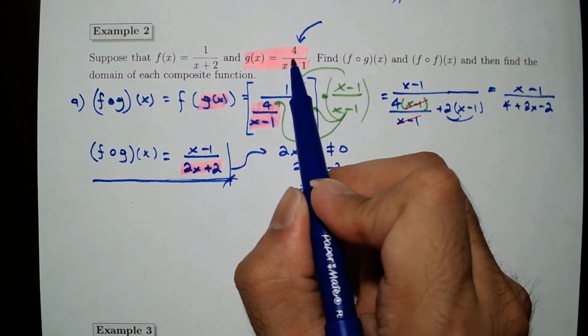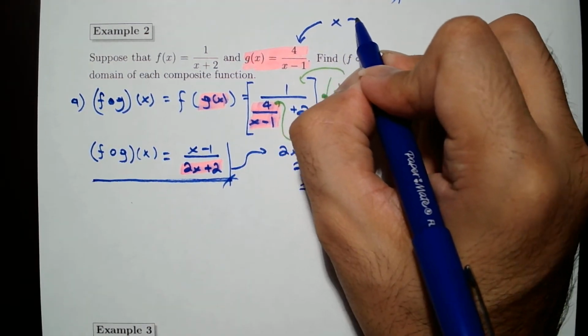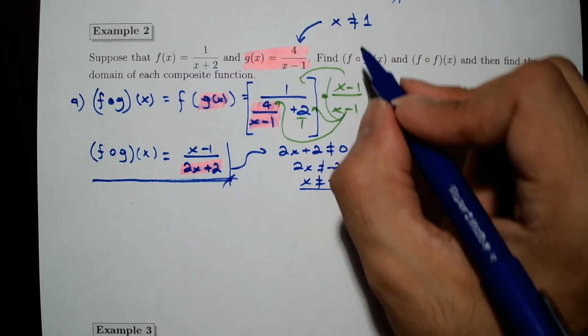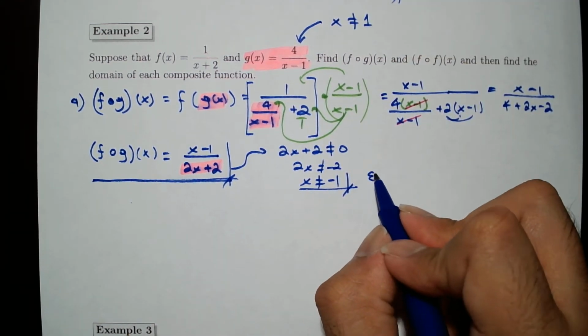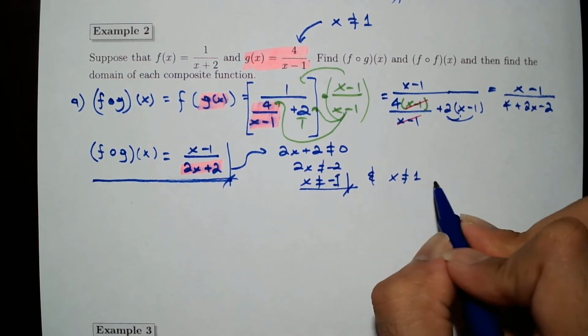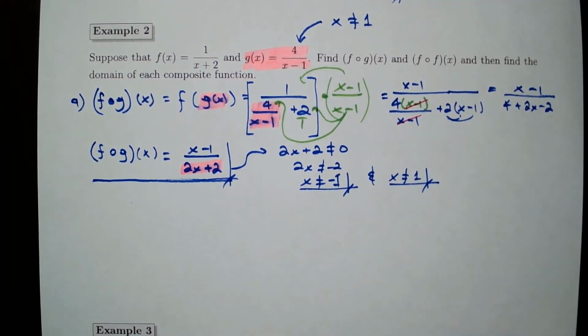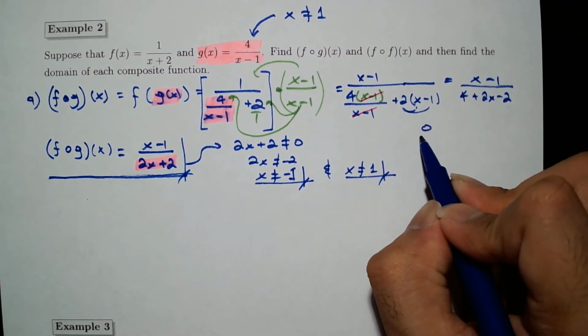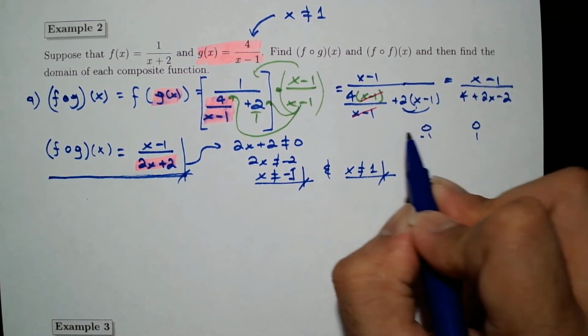If you look at the denominator of this function, x cannot be positive 1. All right, so that's another number that has to be considered when it comes to looking at the domain. So using set notation, well, let's write down the usual number line, negative 1, 1.